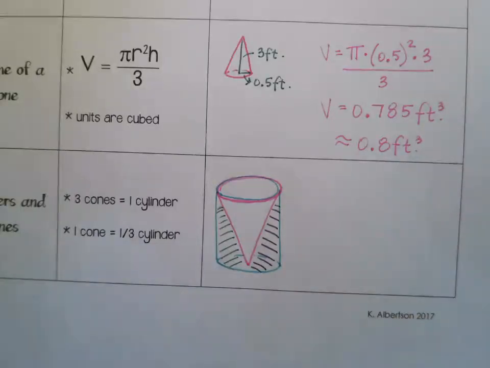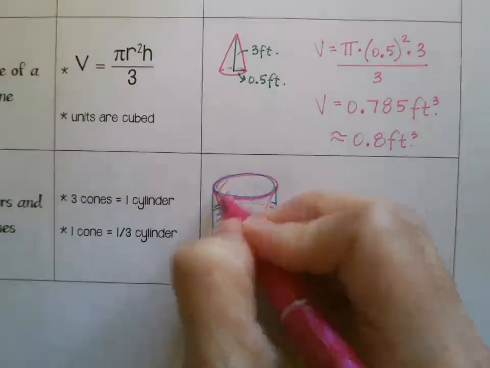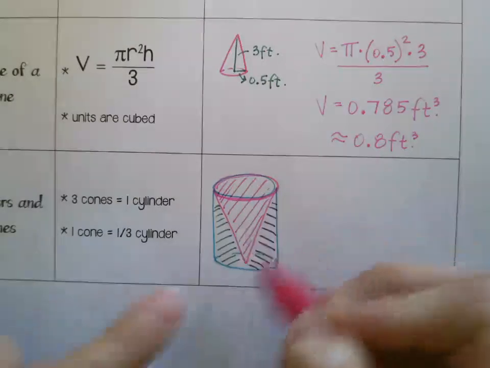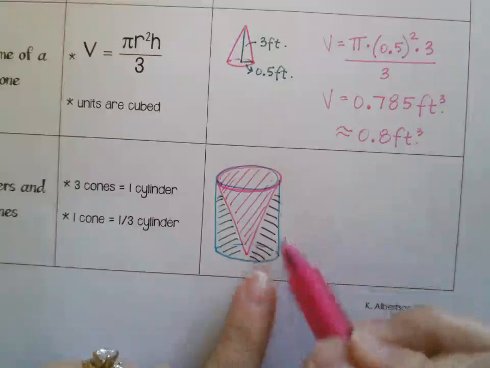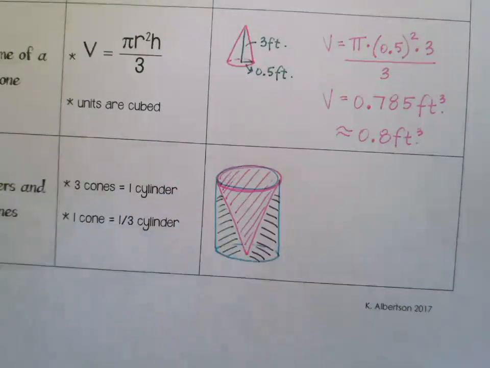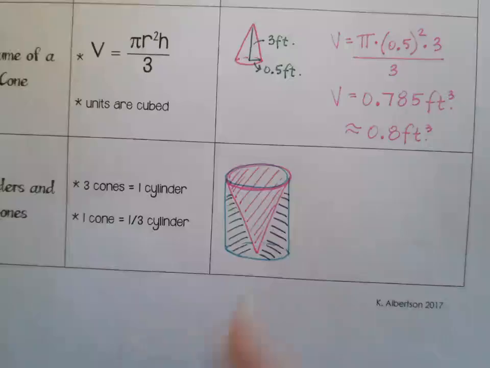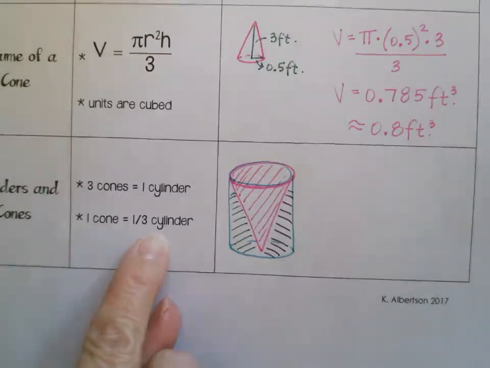So even though this pink one is right here in the center, it's not touching any of the sides. So we have enough space for a cone over around here and enough space for another cone over around there. So 3 cones would equal 1 cylinder, which means that 1 cone is a third of a cylinder.